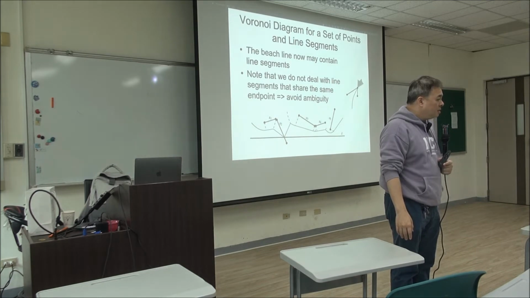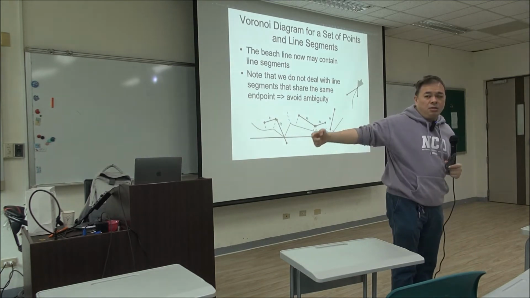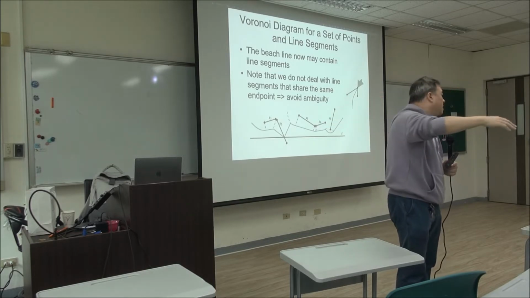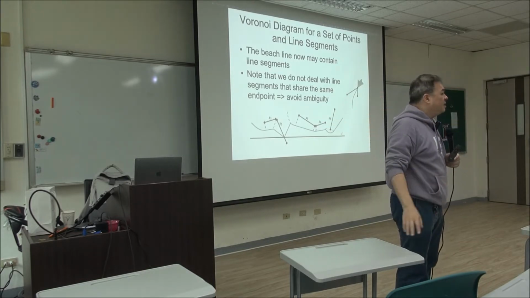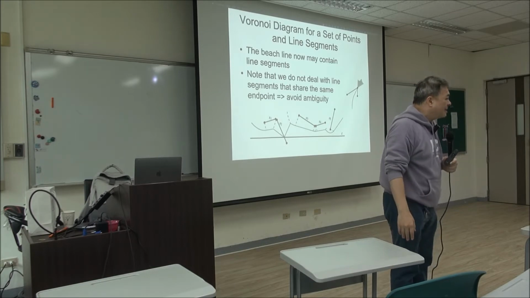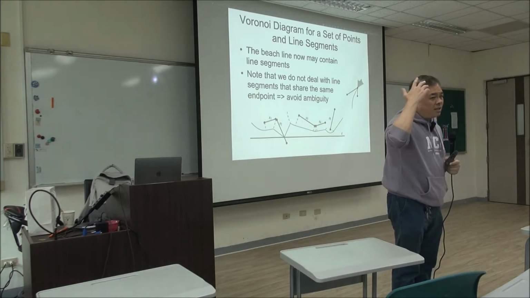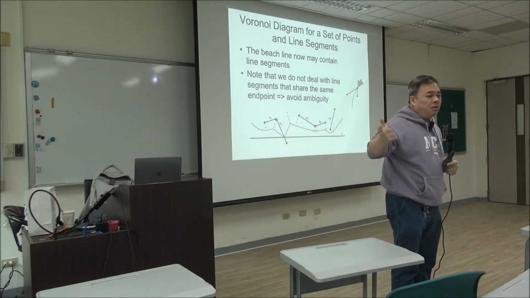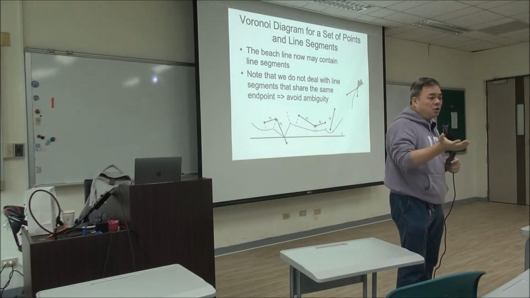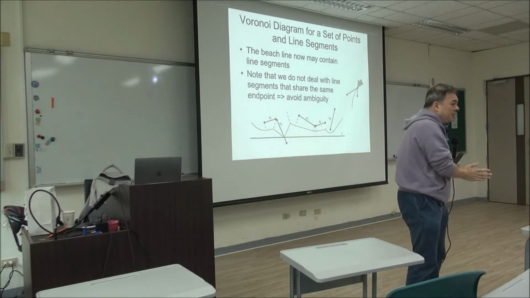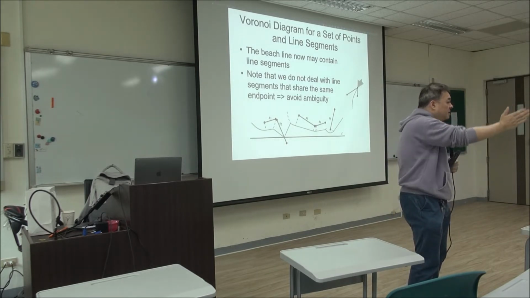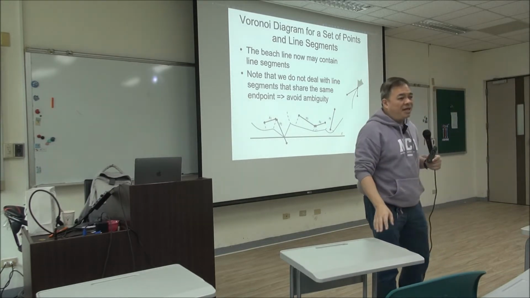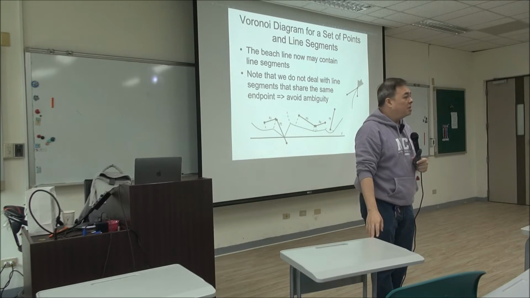If you treat the left side and the right side wall as sites, then you can imagine the Voronoi diagram in this case will have a line in the middle, and that line obviously is the best path for a robot.